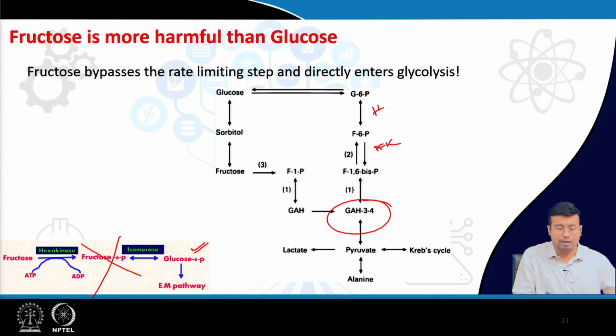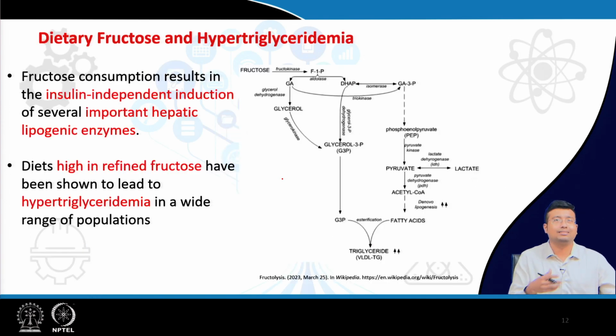It is mainly acted upon by the enzyme fructokinase. This is the fructokinase enzyme, and fructose directly enters the glycolytic pathway, and it is contributing to the excess unwanted calories of the body.